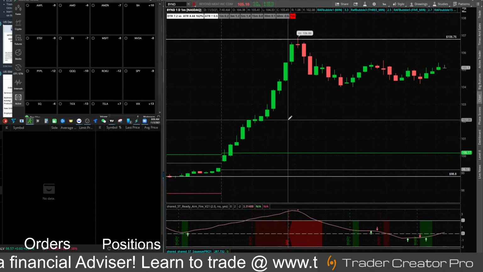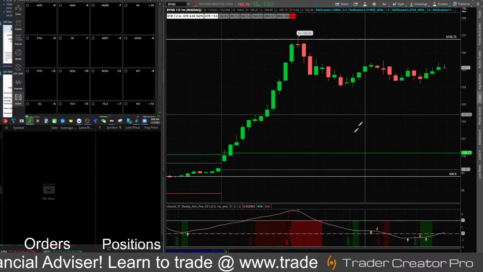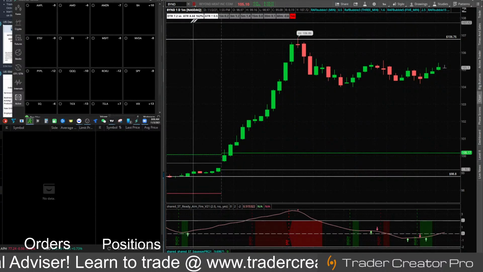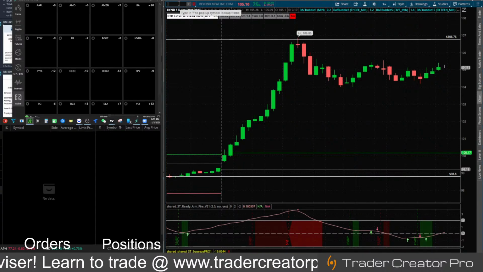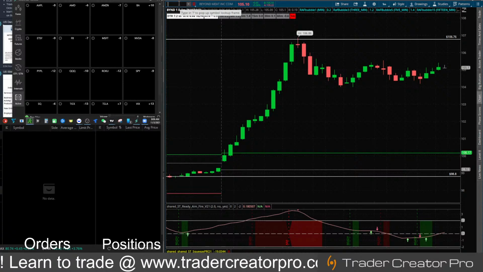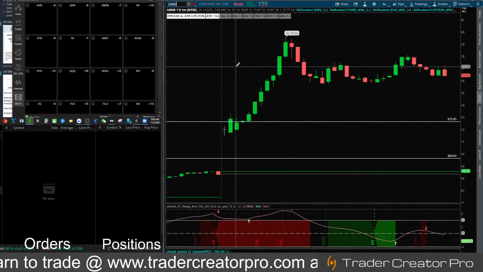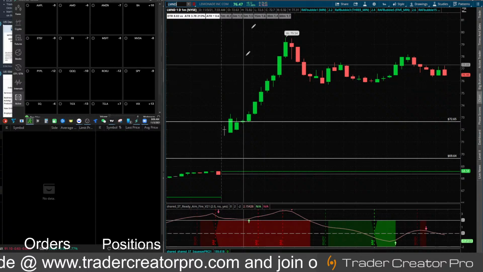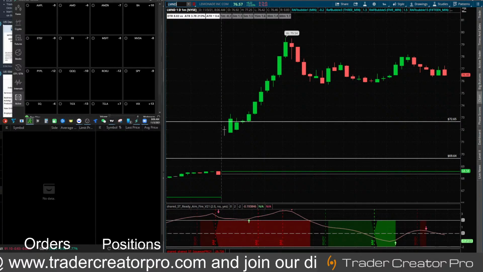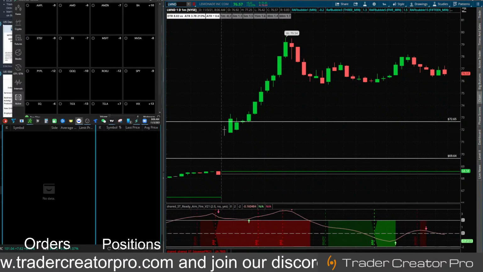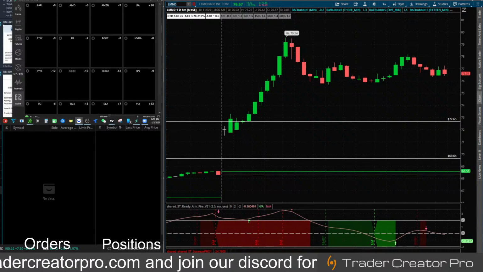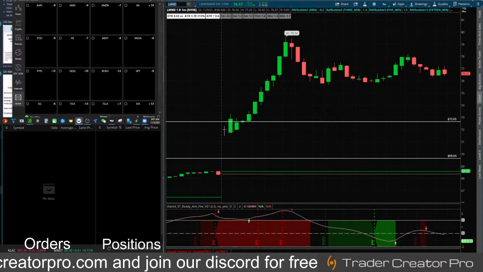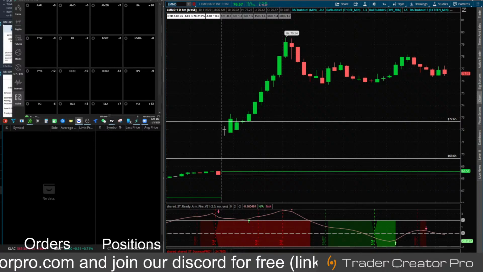Wow, Beyond gave a pretty obvious rejection of a break of the gap to close level. Lemonade's still holding here. Let me check those options contracts. What are they doing? Oh, geez, they're at 240 still. Oh, wait, I got out at 230 or something.